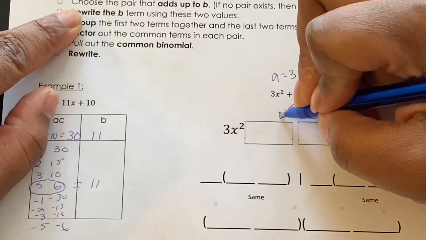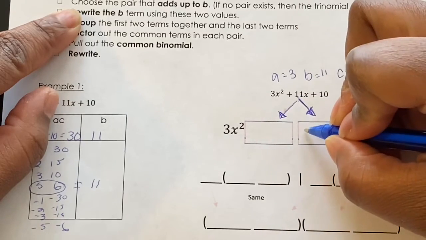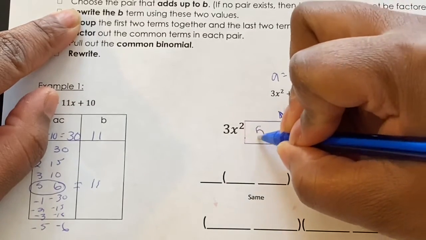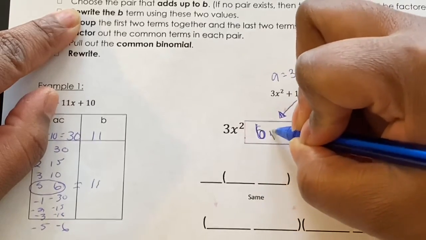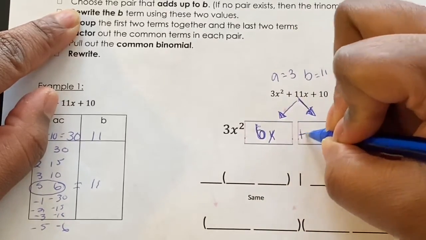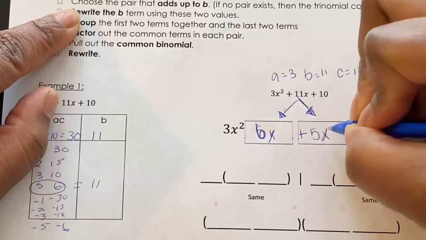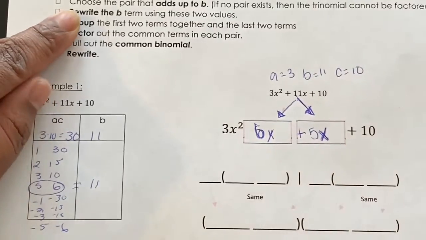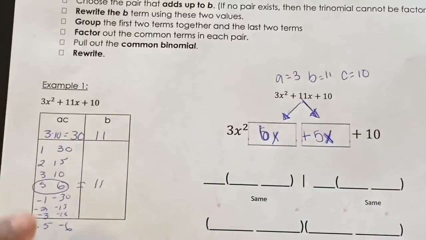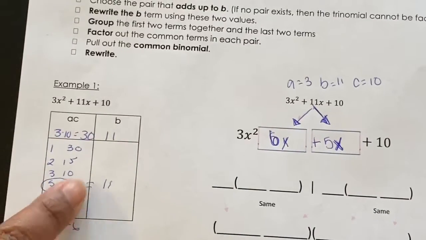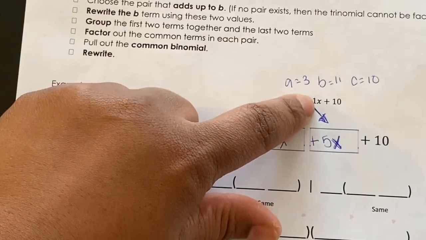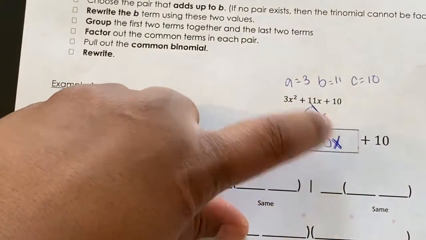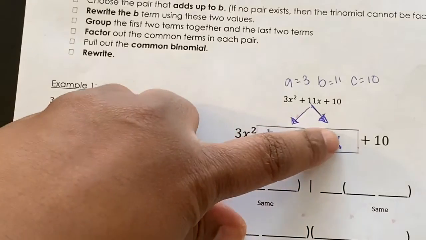So now 11x turns into 5x plus 6x. Okay. All right. So again, 5 plus 6 equals 11. So this 11x got broken down into 2 parts, 6x plus 5x.